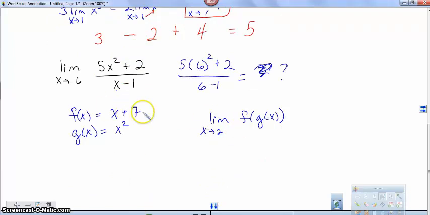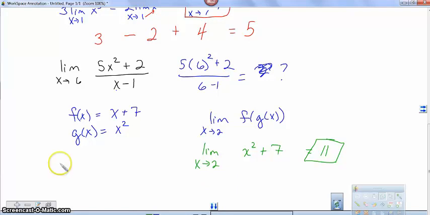I'm going to plug g into f first, so that becomes the limit as x approaches 2 of x squared plus 7, which is continuous, right? There's nothing that's got discontinuity in the domain, so you get 11. Very easy.